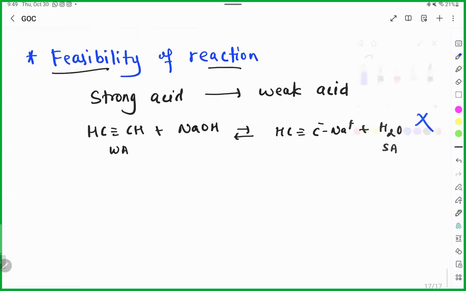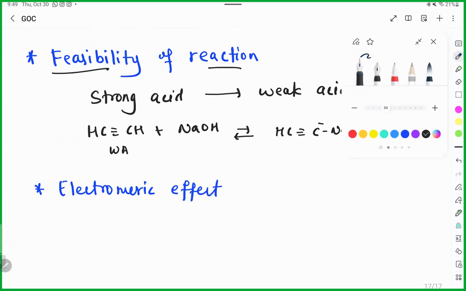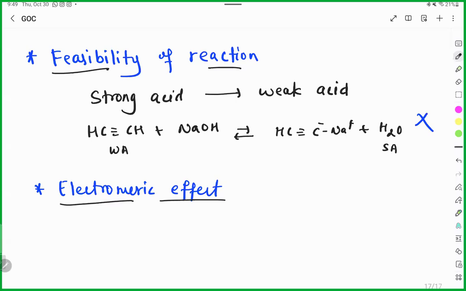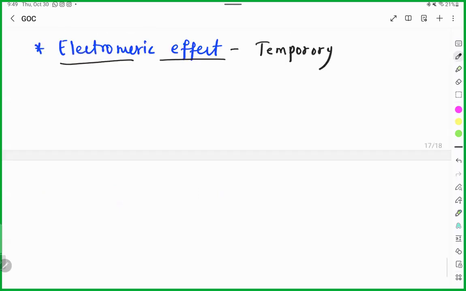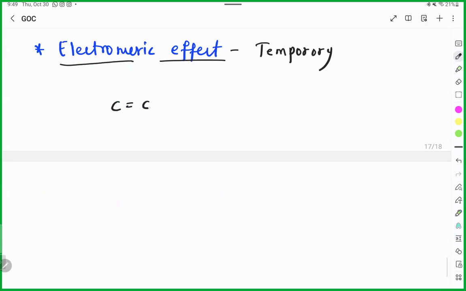And the last effect is the electromeric effect, which is the only temporary effect compared to the remaining three. In this electromeric effect, the pi electron will move in the presence of the attacking reagent. If the attacking reagent attacks on the carbon, example, you have this.